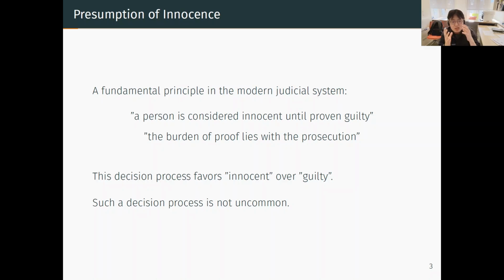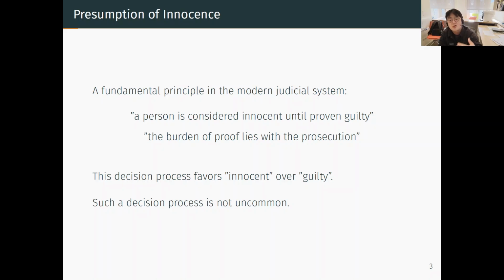So this is one of the most fundamental principles in the modern judicial system, right? So you must have heard about that. Basically it says a person is considered innocent until proven guilty, right? That's the basic idea of the presumption of innocence. And that also means the burden of proof lies with the prosecution, right?